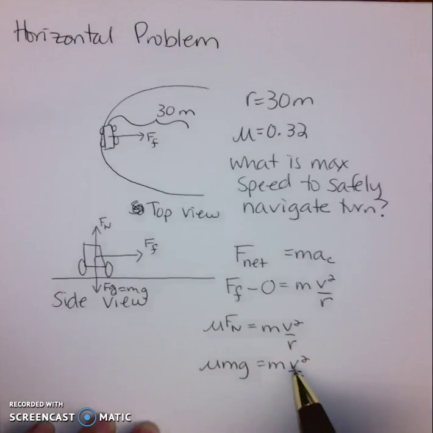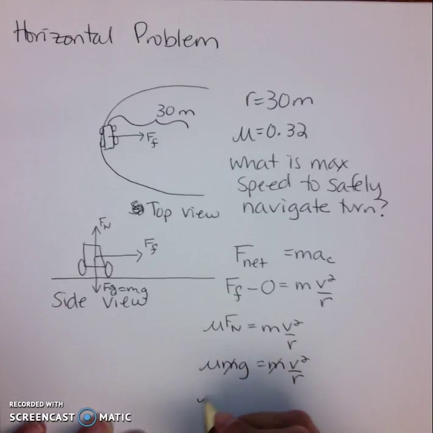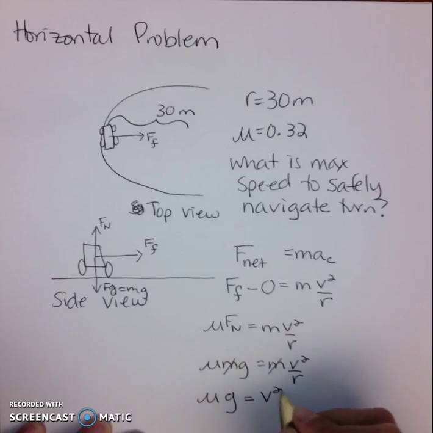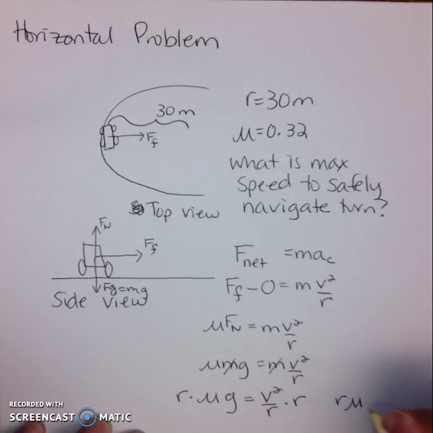I'm solving for v, so I divide by m, which makes the m divide out. Then I'm left with mu g equals v squared over r. Then I multiply by r on both sides, so I get r mu g equals v squared.